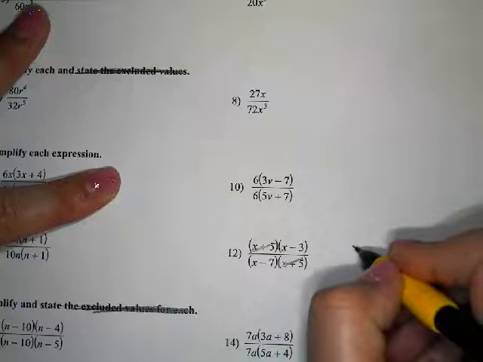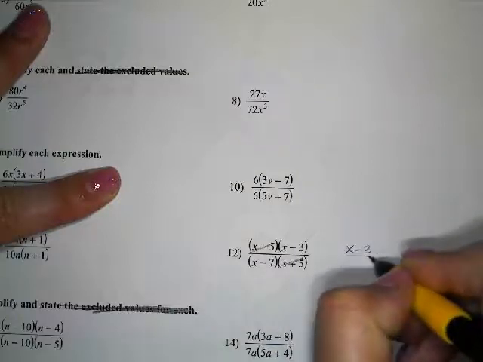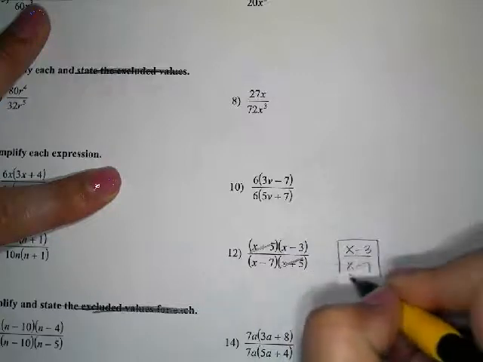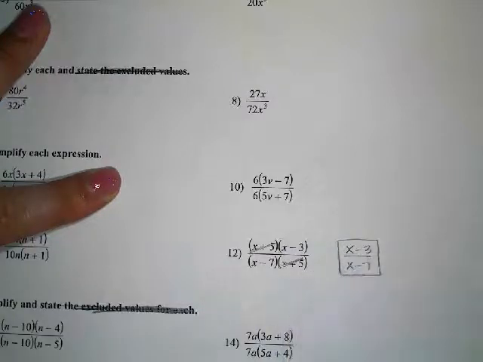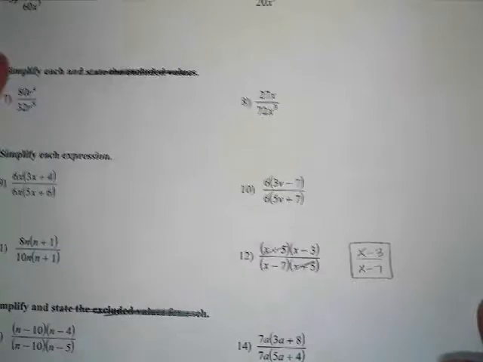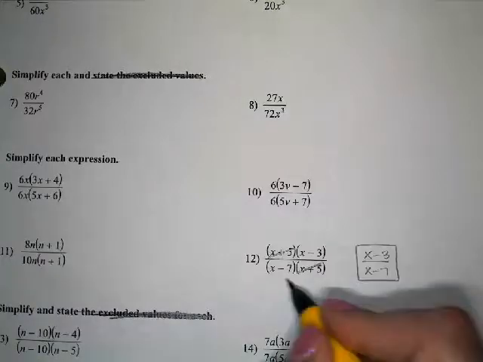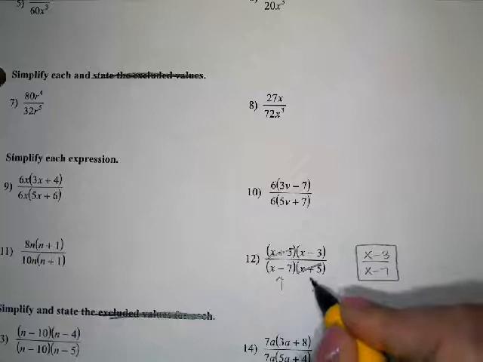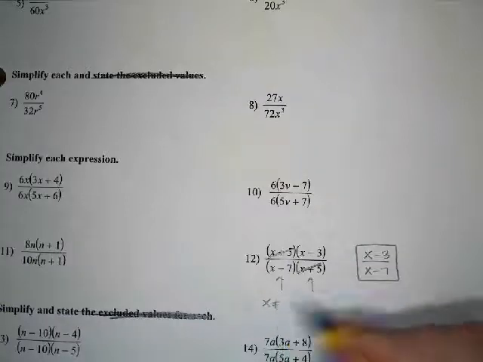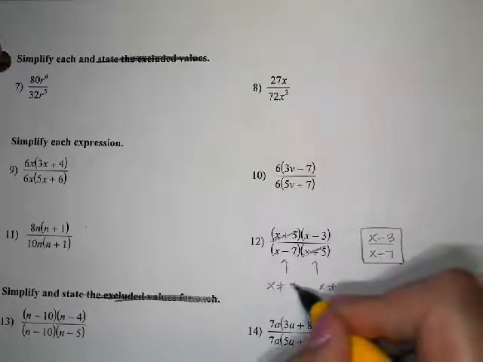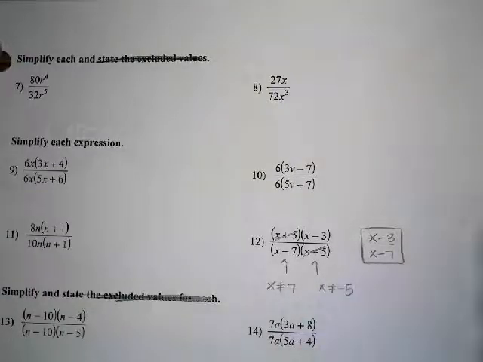So this section is just nice because they didn't make you factor. They already factored it for you. So you don't have to do the excluded values, but if you did, 7 and negative 5 would be the excluded values.